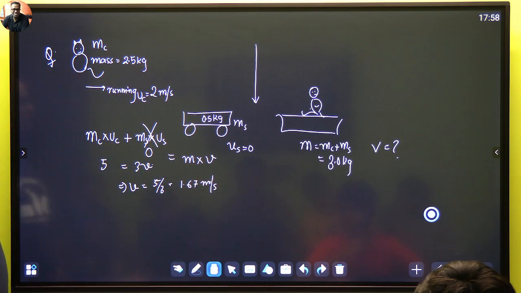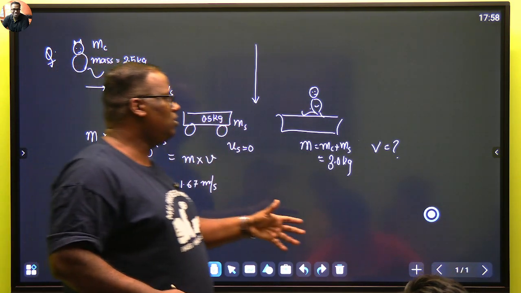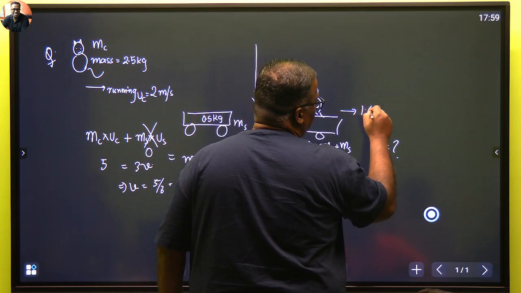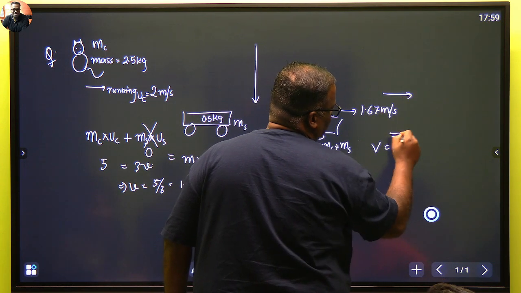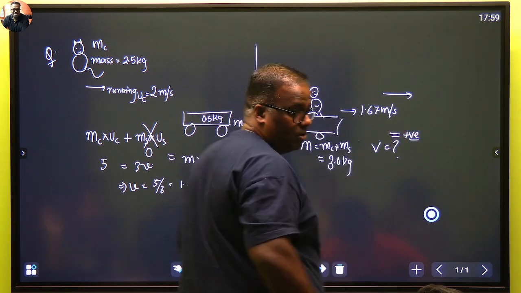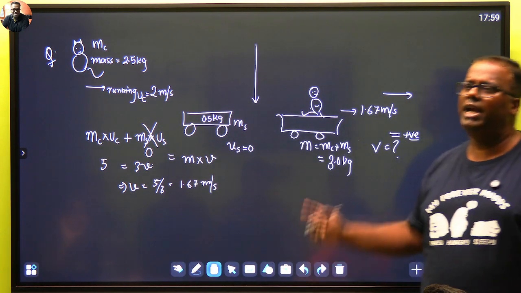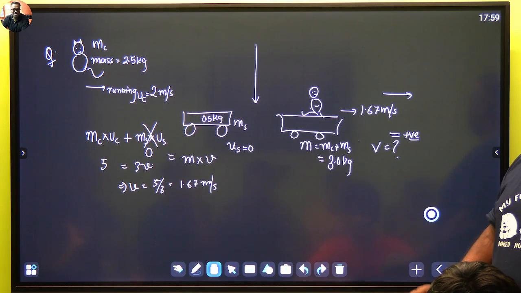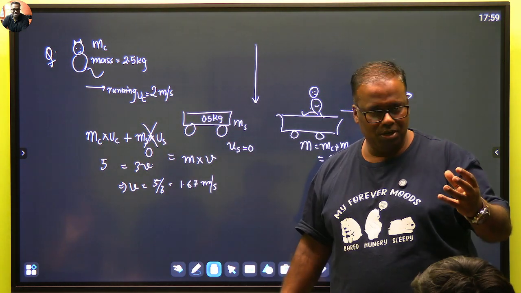And what did we get as our sign of v? We got it as positive. So after the cat lands on, this system will now move with this velocity in this direction. Why? Because we got the value of v as positive. Understood? And think like this also: look at the momentum first. Whoever has more momentum, that one dominates. How much was the cat's momentum? It is more. The trolley's momentum is negligible anyway.